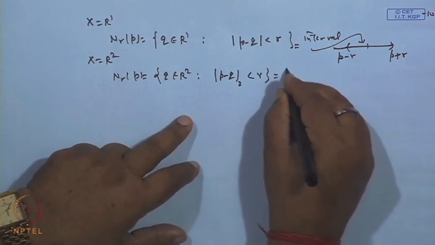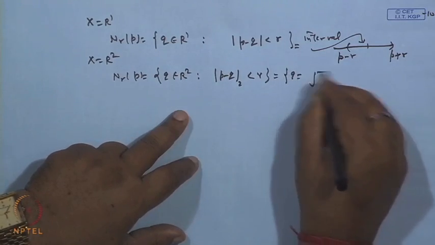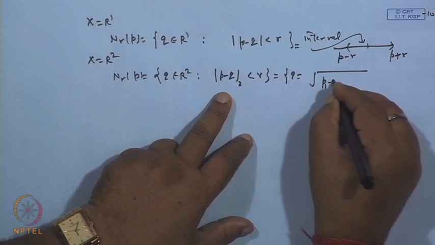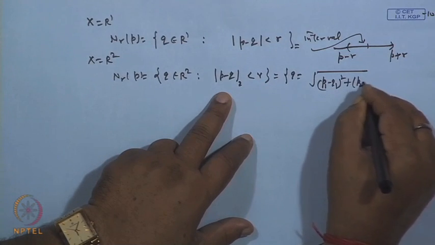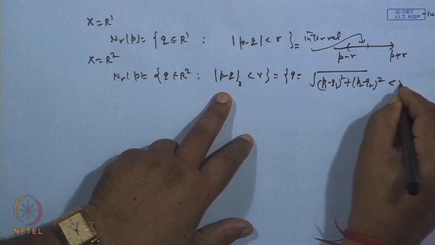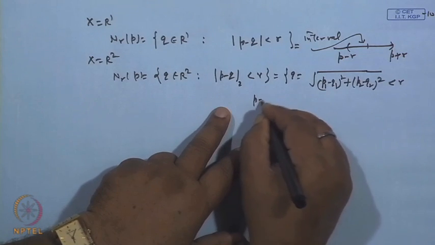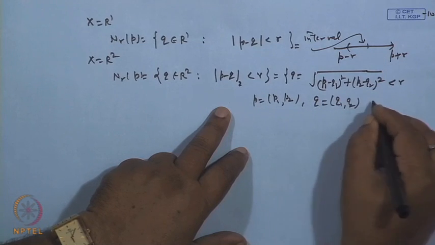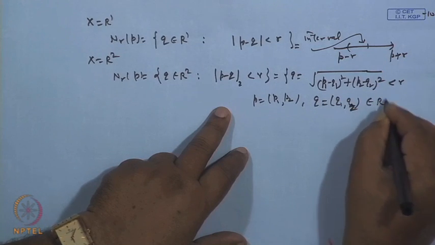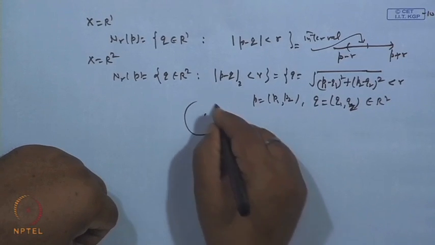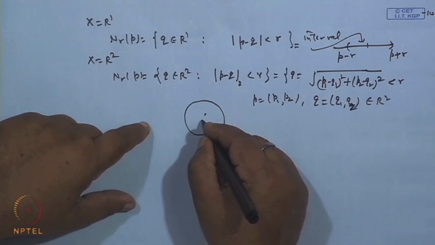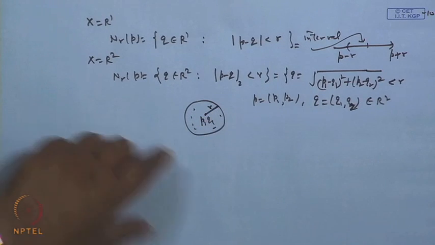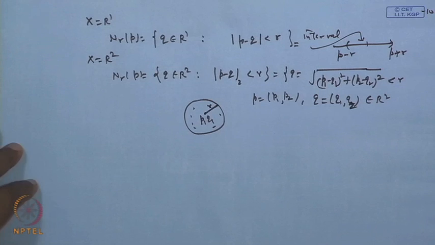That is, it is the set of all Q such that the square root of P1 minus Q1 whole square plus P2 minus Q2 whole square is less than r, where P is (P1, P2) and Q is (Q1, Q2), both belonging to R2. So, it is a ball centered at P with radius r. All such points will be here. So, this is the neighborhood. Similarly, we can go further.